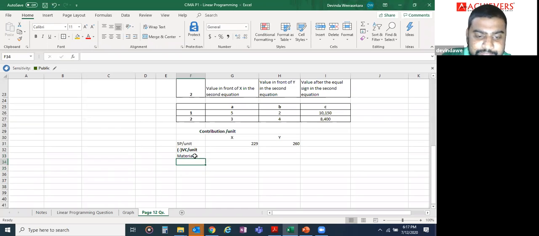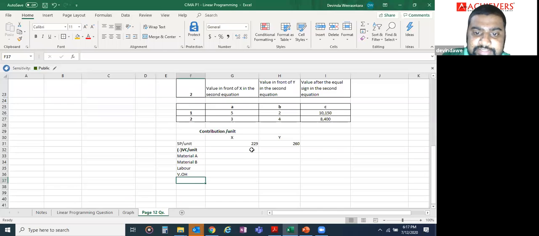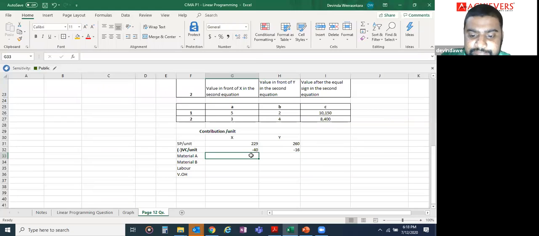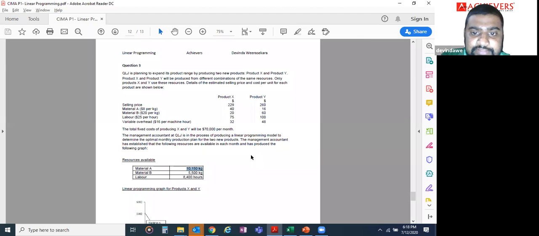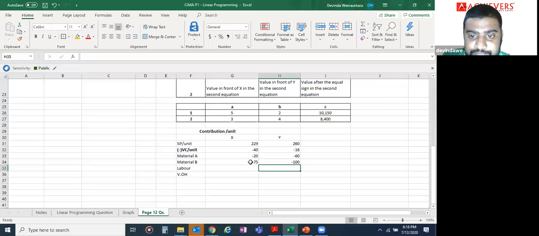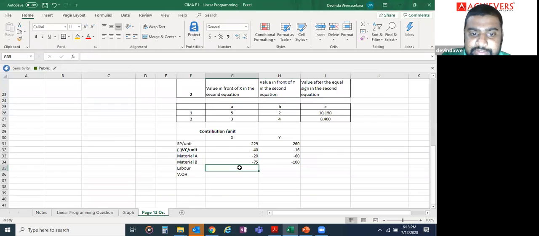So variable cost per unit, you have material A, material B, labor, variable overheads. So material A 40 and 16, material B 20 and 60, labor 75 and 100, variable overhead 32, 48. Oh, sorry.